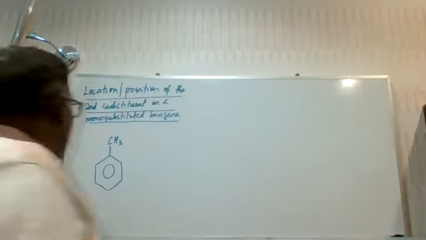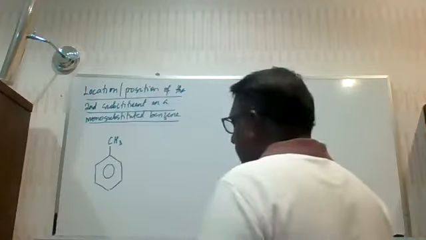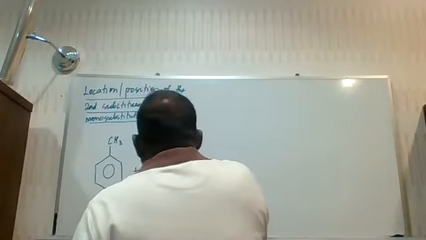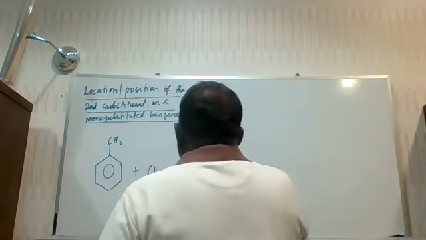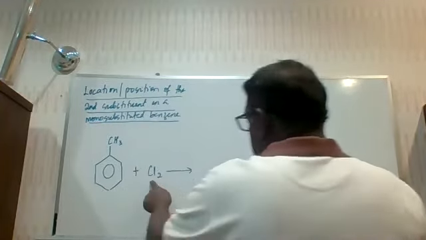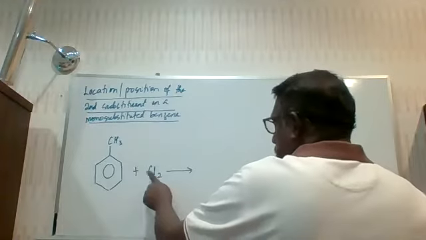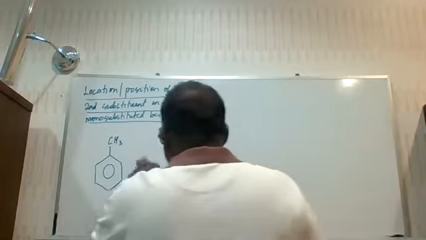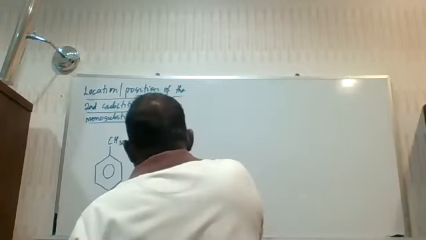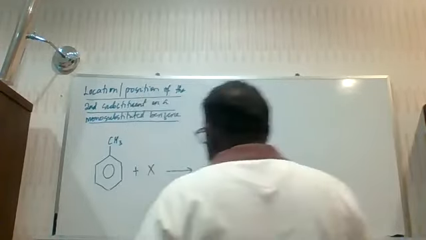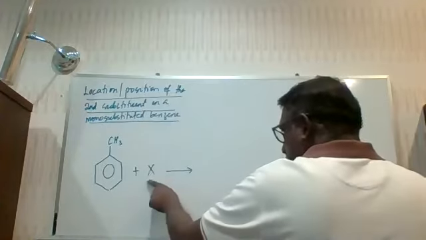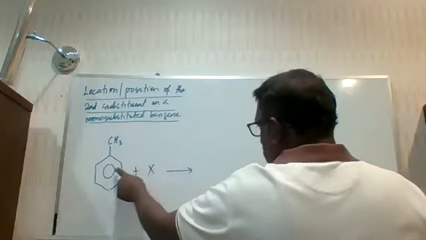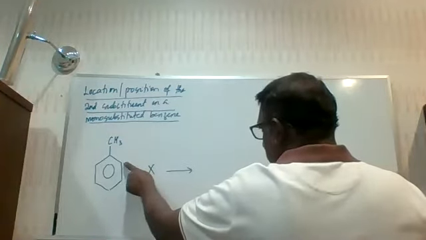So this is what we call a monosubstituted benzene. And let's say it reacts with chlorine. This chlorine can be any substance, so let me put generally X. I don't want to put X2, I just take it as a single atom. So this one is to be substituted into the benzene ring, which means one of the hydrogens.